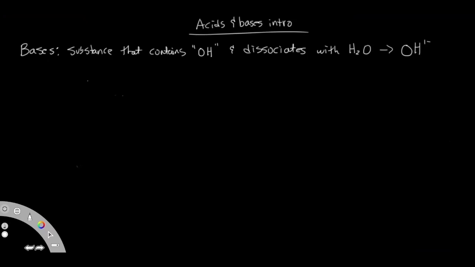Because so far, you've probably only seen an example for bases as simple as, let's say, KOH over here, and it breaks down into K plus and OH minus.